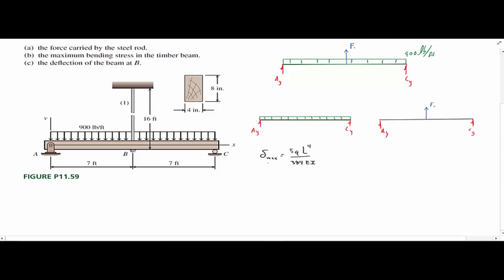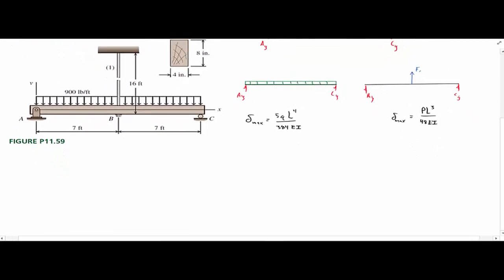Okay, and this is for the distributive load. And for the point load, delta max is going to equal PL cubed divided by 48 EI. And these are, again, just to reiterate, the formulas in the appendix in the back of the book or the handout that you received in class.